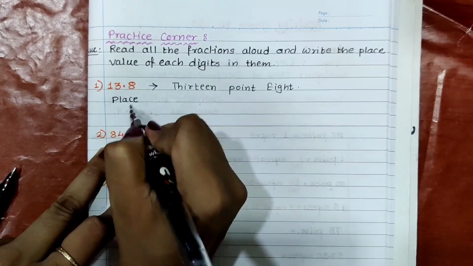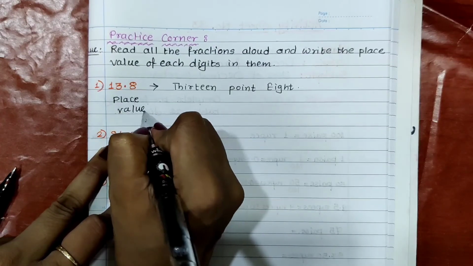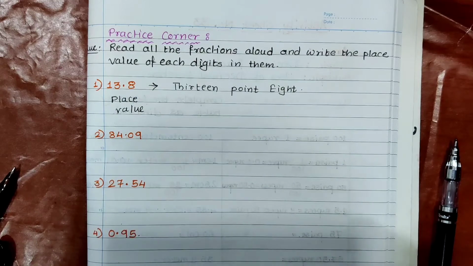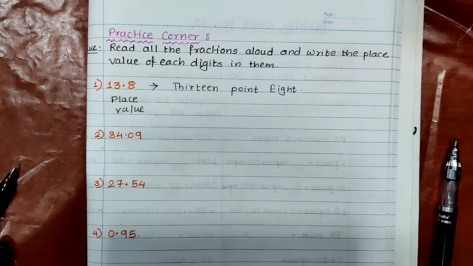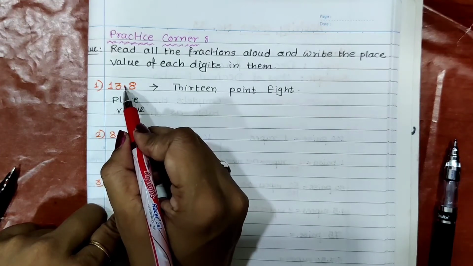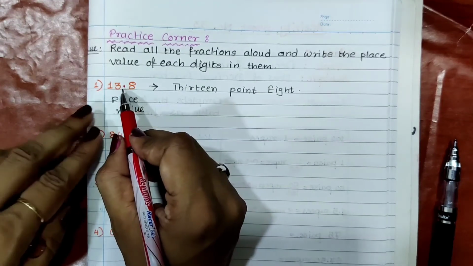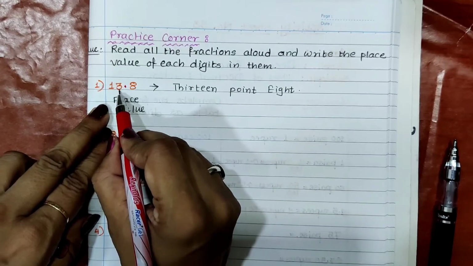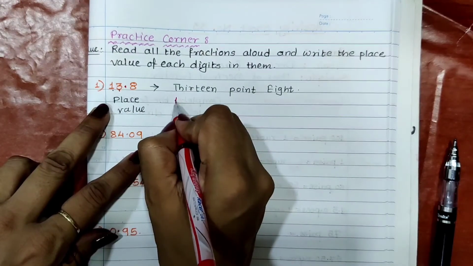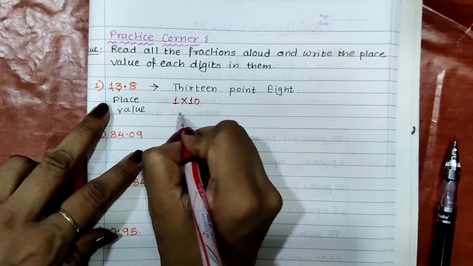So I will be writing place value directly. We have to write place value only. Okay. So place value of 1. On the decimal point's left side, 3 will be at units and 1 will be at tens place. That means it will be 1 into tens. It will be 10.